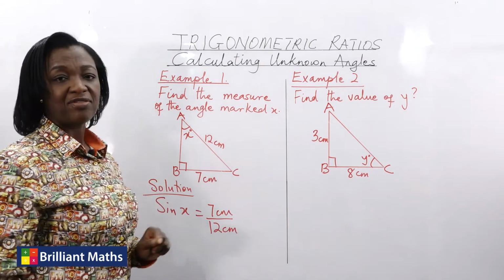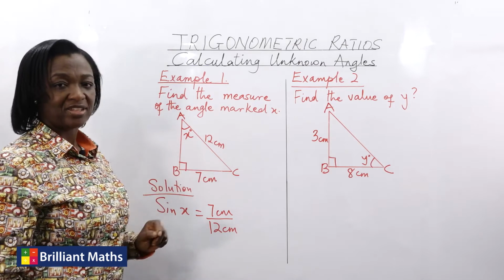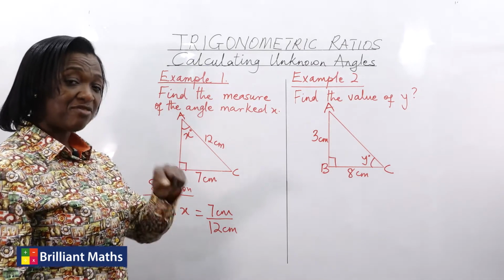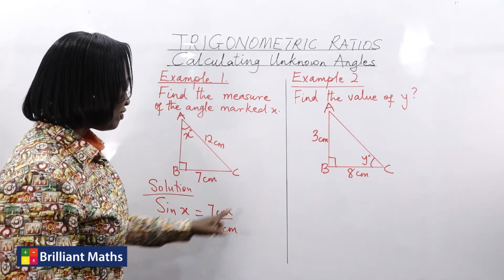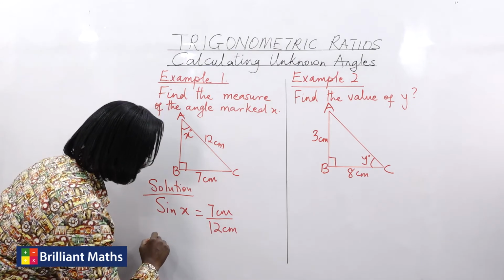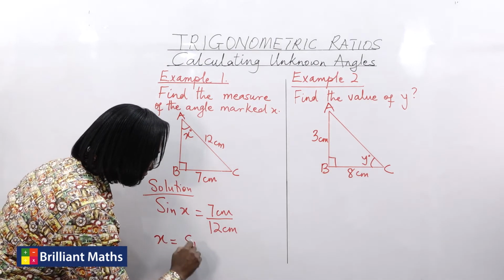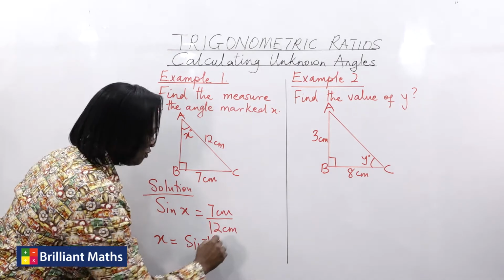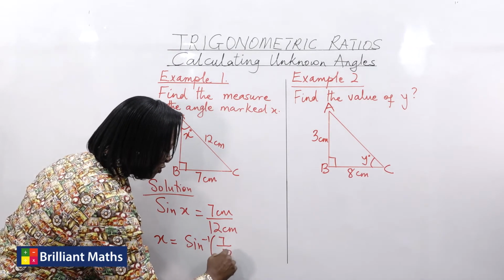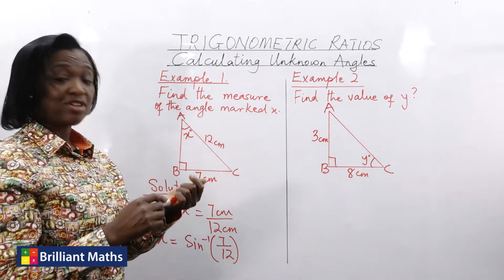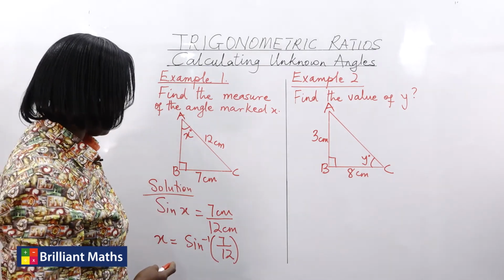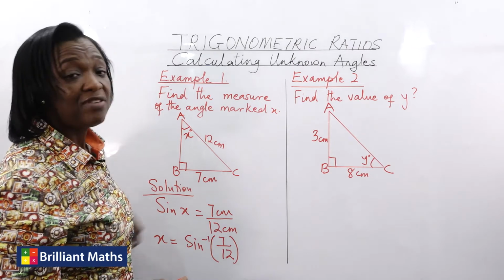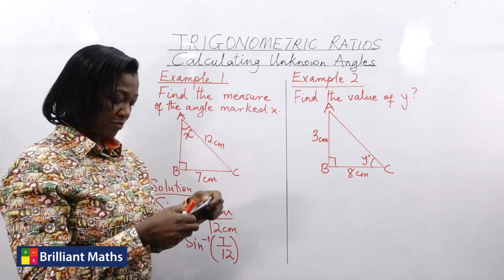But this is the sine of x. But we want to find the value of x. So we'll be finding the sine inverse of 7 over 12. So x is equal to sine inverse of 7 over 12. So you take out your calculators. The sine inverse is a second function.